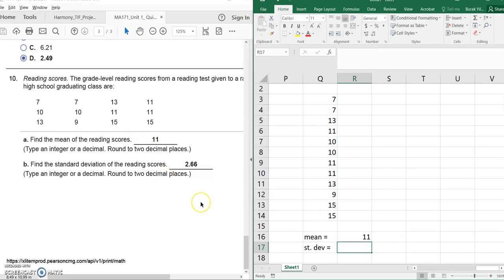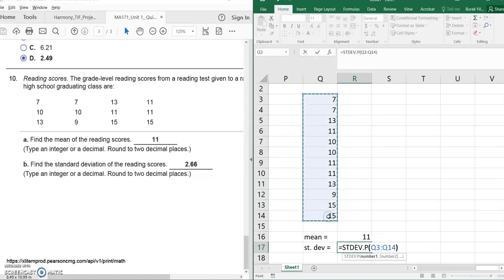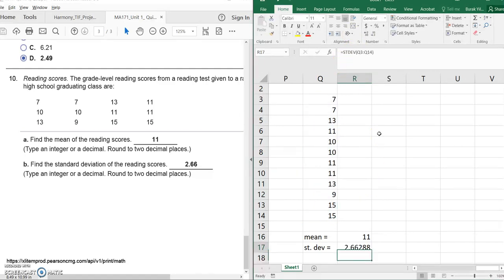The average is 11, and the standard deviation is, I forgot to put equals standard deviation, so choose that one, and then all of these, close parentheses. Let's stick to the regular stdev, and that one gives us 2.66 as the standard deviation.